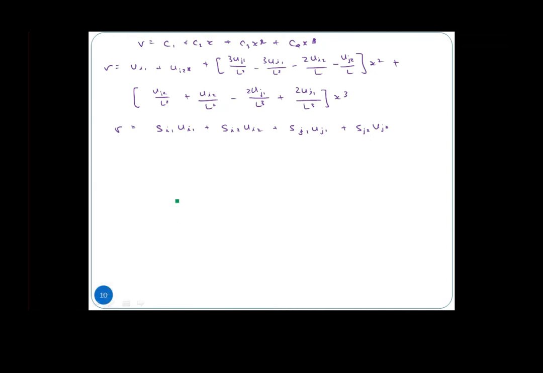So v can be equal to 1 minus 3x squared over L squared plus 2x cubed over L cubed, then ui1. So plus another one, we have x minus 2x squared over L plus x cubed over L squared.